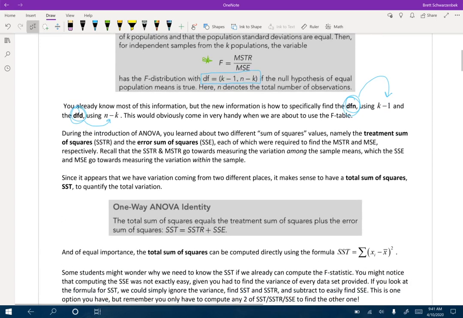Just as a little bit of a review here, remember that when we talked about ANOVA, we used the SSTR to compute the MSTR, which was all about measuring the variation among the sample means. Then we used the SSE to calculate the MSE, and that was all about measuring the variation within the sample.